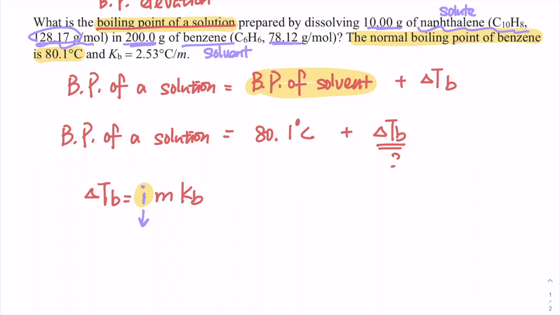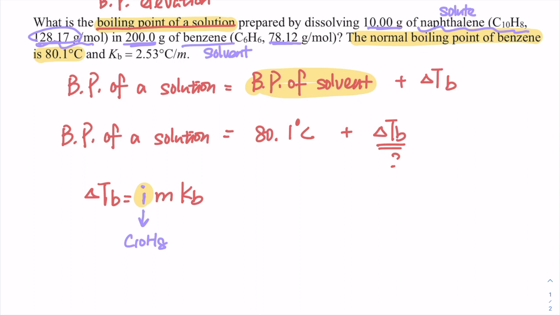Then what's our van 't Hoff factor for it? Remember, the van 't Hoff factor is related to electrolytes. You might say, I don't know what that is, I only have a name and a chemical formula. We know how to determine whether a given chemical formula is a strong or weak electrolyte by looking at what kind of compound we have.